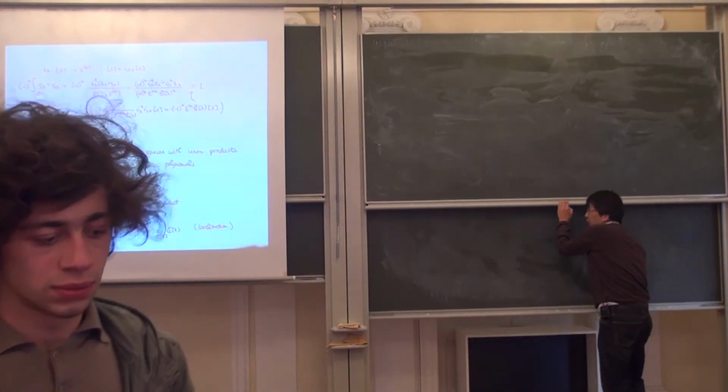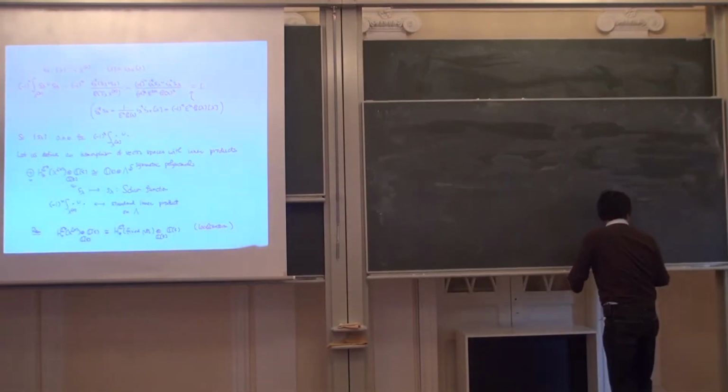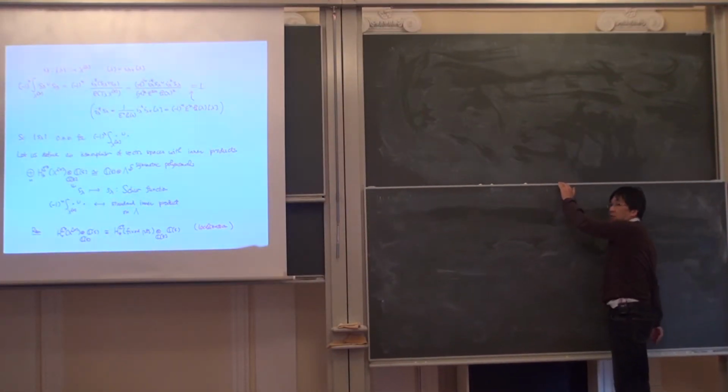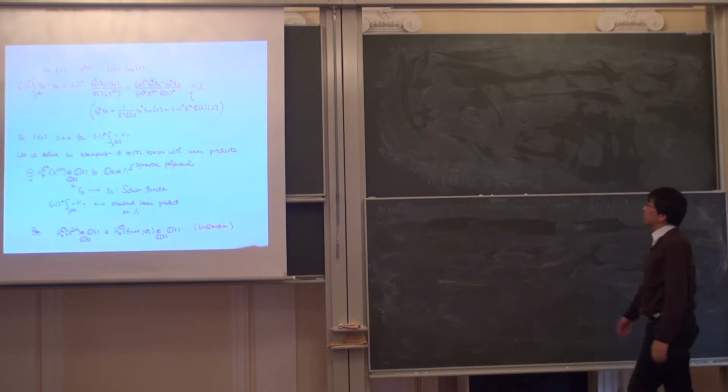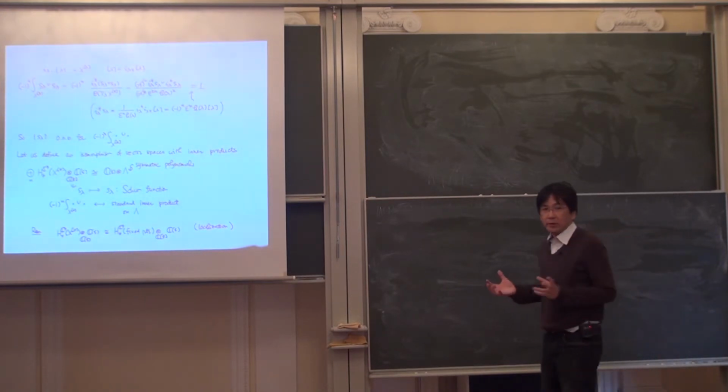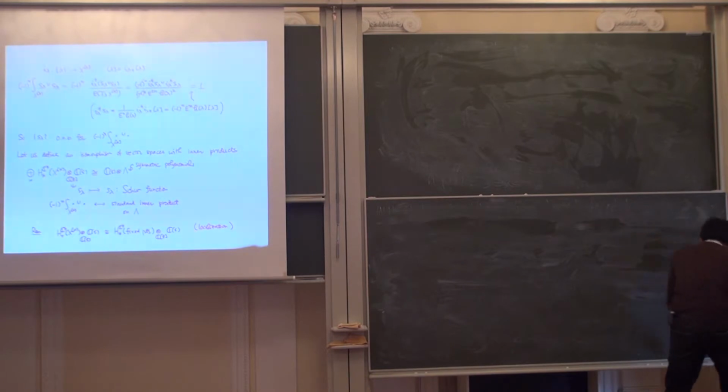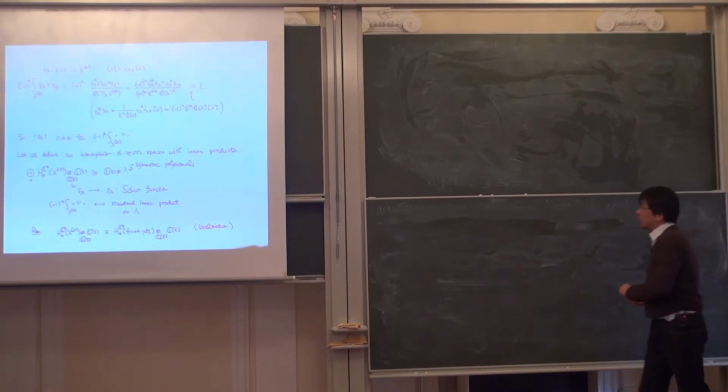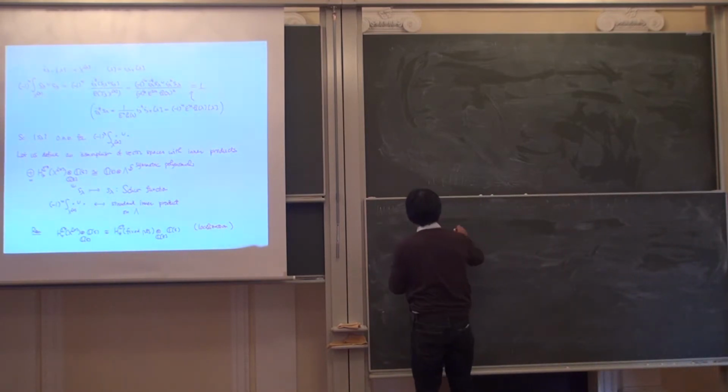Yeah, I think I forgot to explain one thing last time. I constructed the representation of the infinite dimensional Heisenberg algebra on the cohomology. But there is one standard construction of the representation of the Heisenberg algebra.